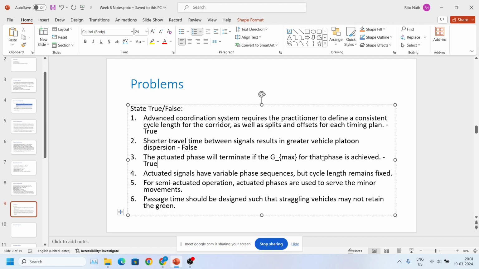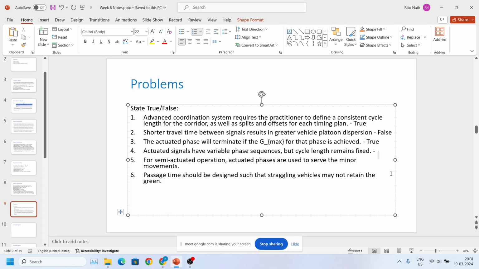Actuated signals have variable phase sequences, but cycle length remains fixed. So this should be false. Cycle length can vary actually. Next is for semi-actuated operation, actuated phases are used to serve the minor movements.